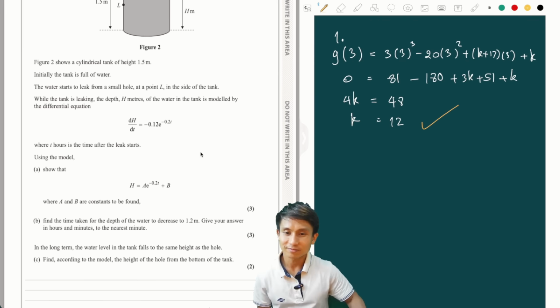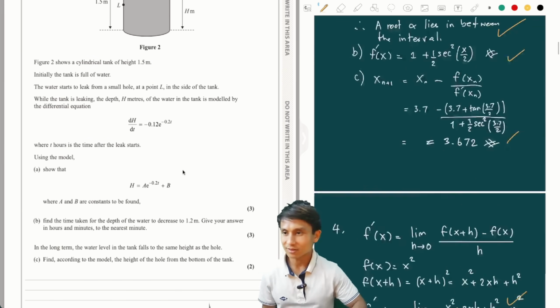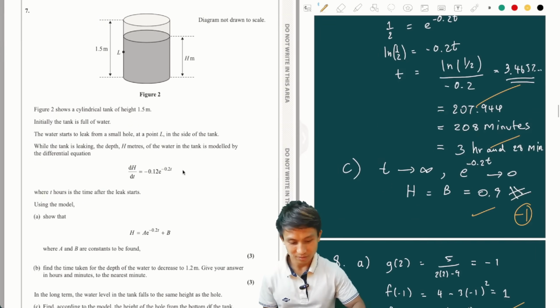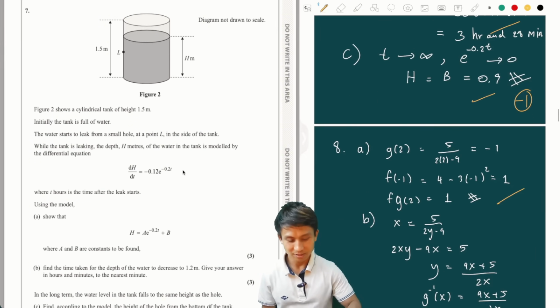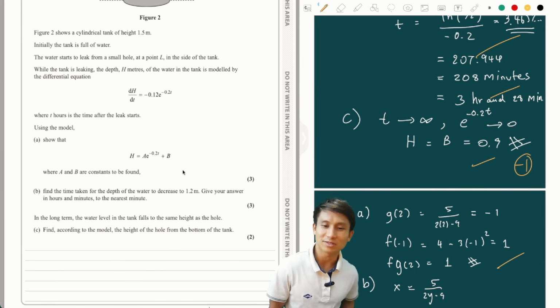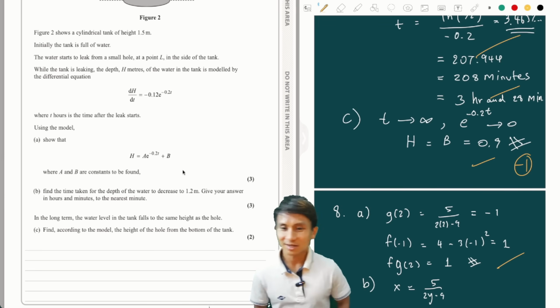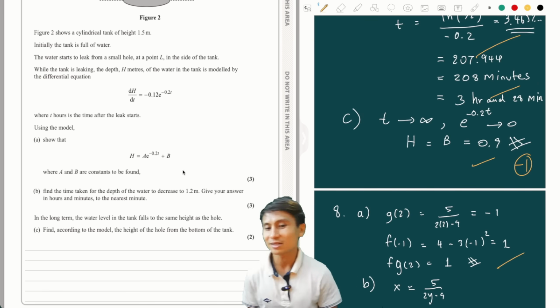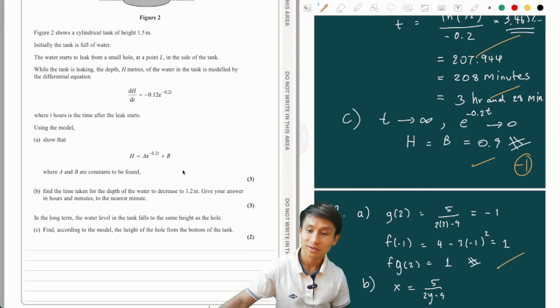This one, let's have a look. This one is number 7. Okay. Yeah, this one was fine, right? Oh yeah, the units. Normally math papers don't do this, but the only reason I see why they do that is because the word height doesn't imply the units.